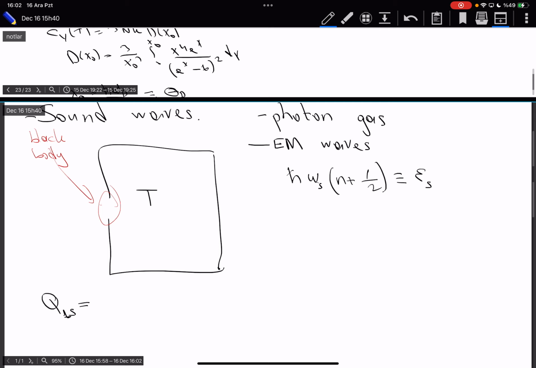One oscillator partition function is summation e to the power, let's ignore the zero point energy, e to the power minus beta h bar omega s, raised to the power n.